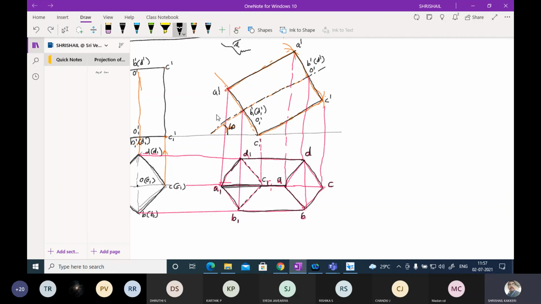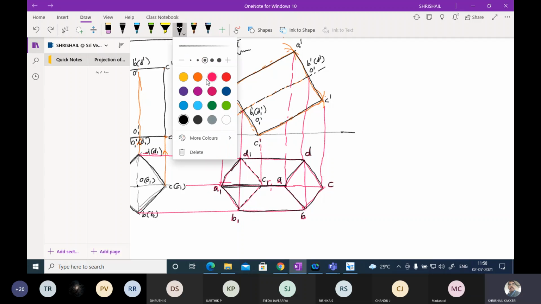(40°). Okay. Now the next position is: the axis appears to be inclined at an angle of 45 degrees to BP.